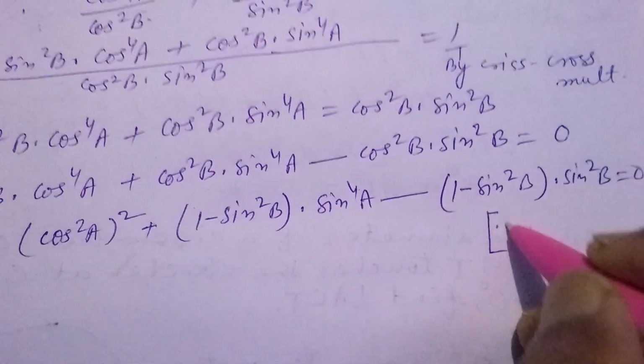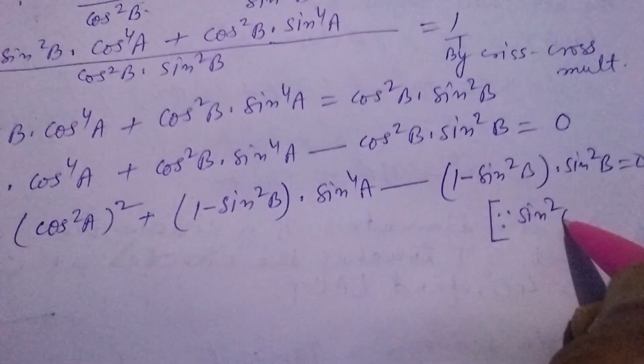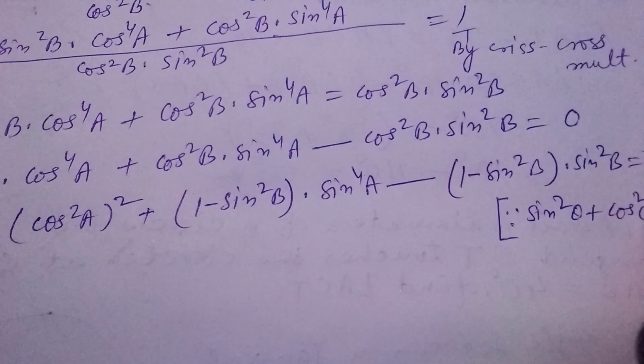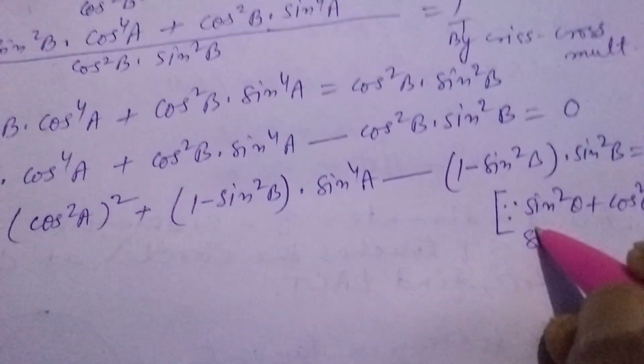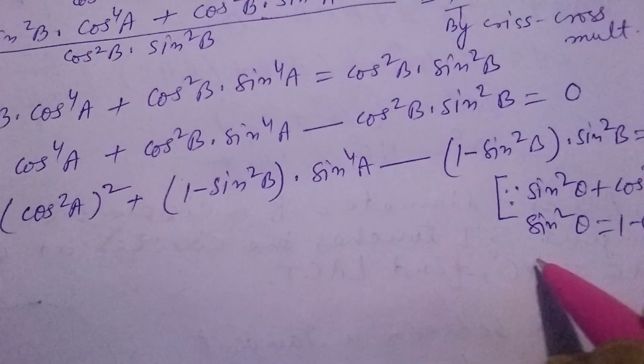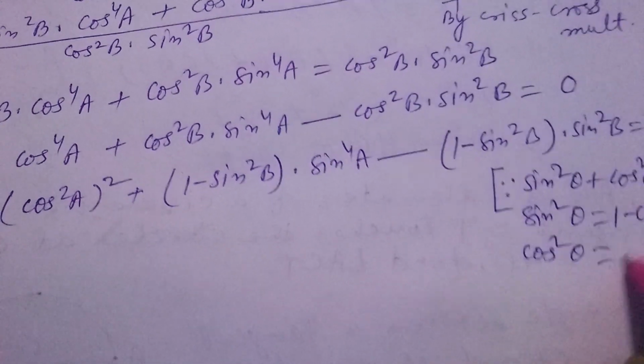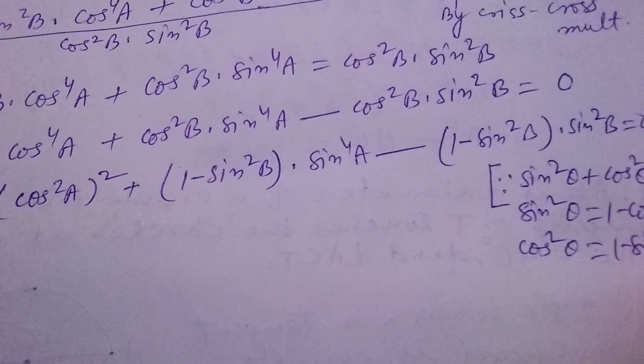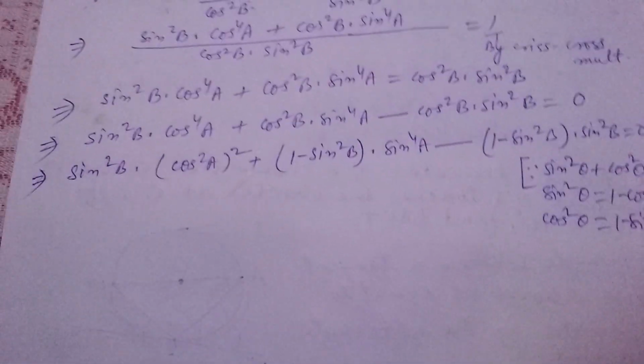Here one formula I should write: sin square theta plus cos square theta equals 1, and that's why sin square theta equals 1 minus cos square theta, and cos square theta equals 1 minus sin square theta. This we have to keep in mind always.